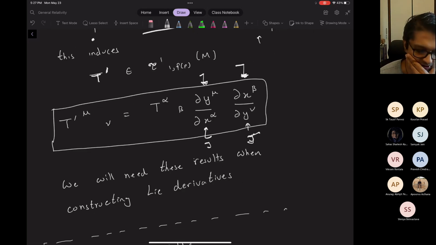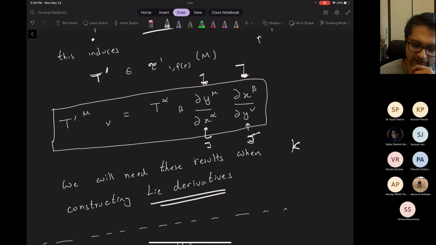Okay, so now this seems sort of ad hoc, like why did we talk about this push forward and pull back? But we'll see when we talk about these ideas of Lie derivatives, and if you remember in GR, why they're important is because the Lie bracket, which is related to Lie derivatives, gives you the symmetries or the isometries, or sorry, the algebra of the Killing vectors.